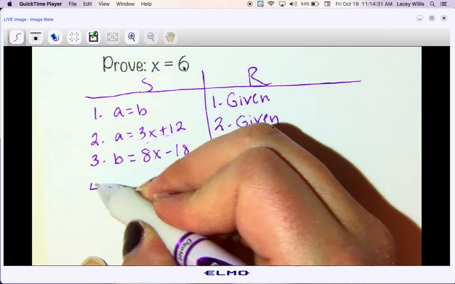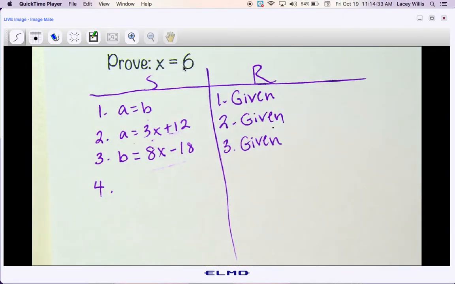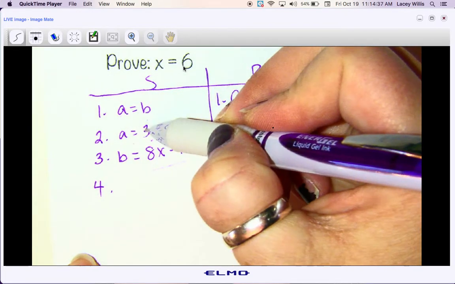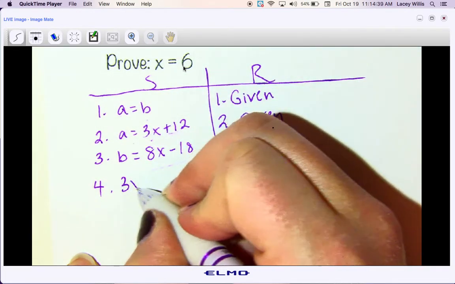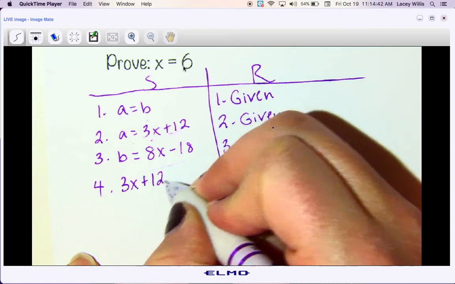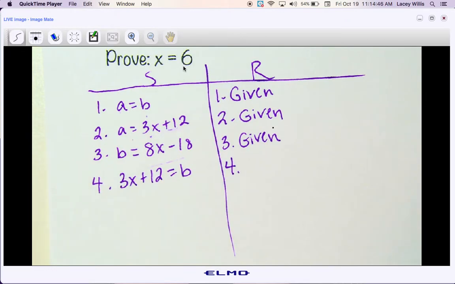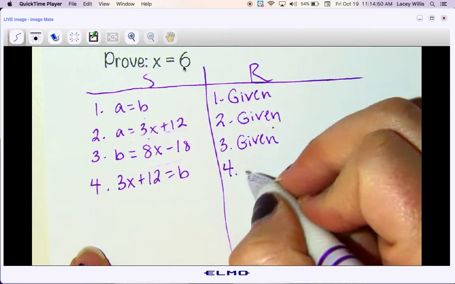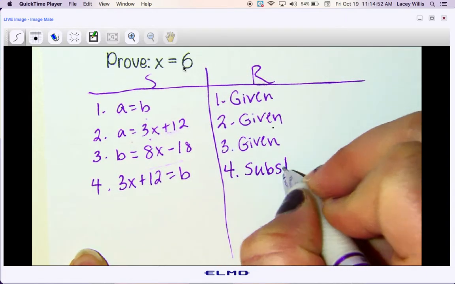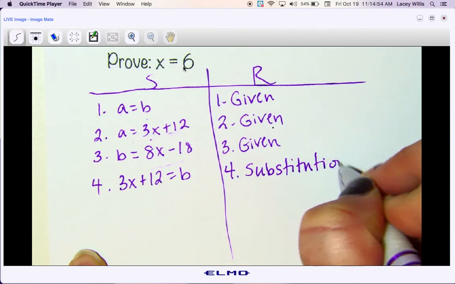Okay, so do you want me to do this one step at a time? Yep. Okay, so I'm going to take the A out and put this in its place. 3x plus 12 equals B. What's that called? I took A out and replaced it. Substitution. Can I do the same thing with B? Yeah.